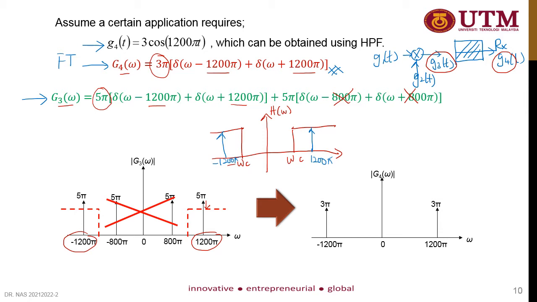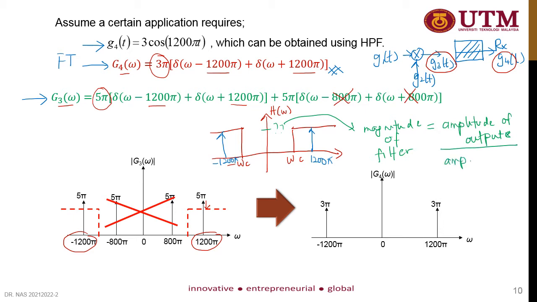Okay, so what's the magnitude of the filter? The magnitude of the filter is defined by the ratio between the amplitude of the required output divided by the amplitude of the input.